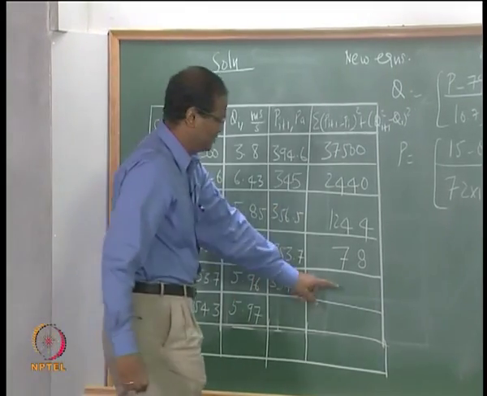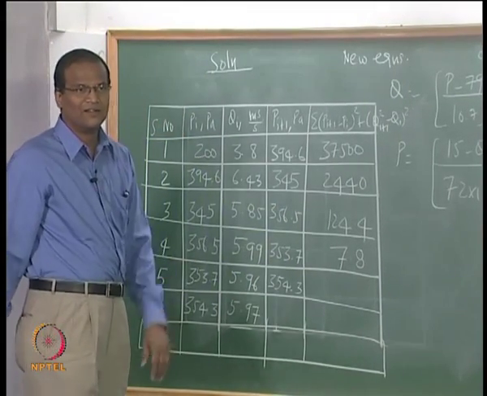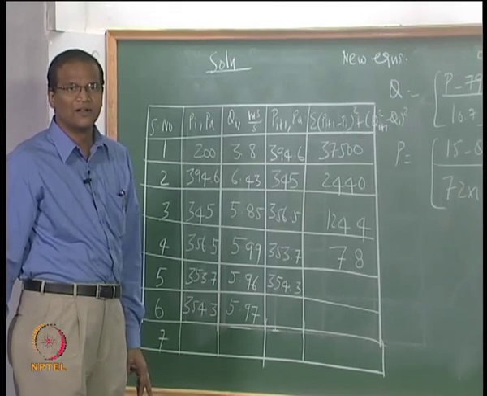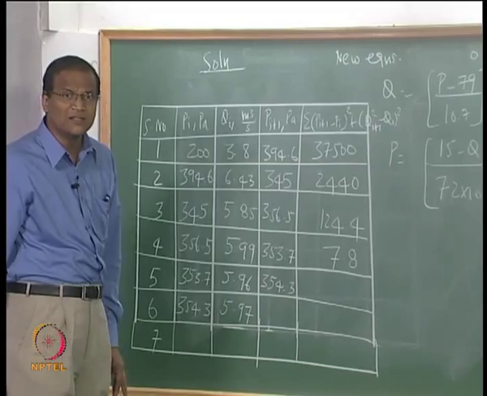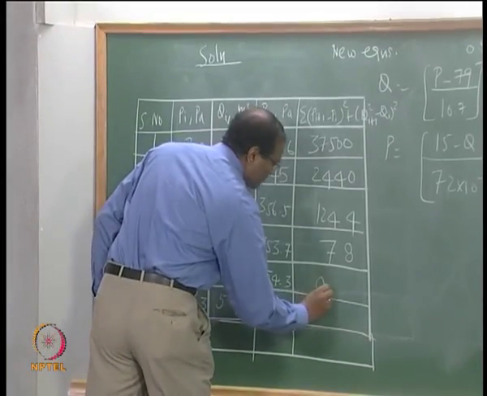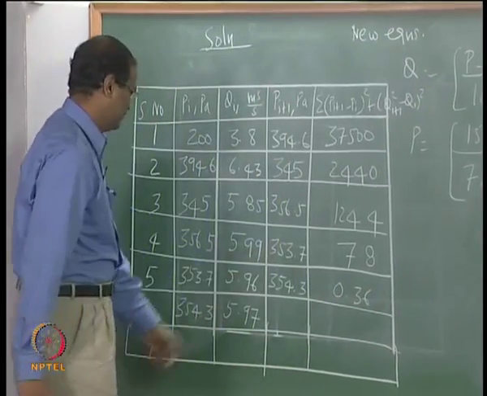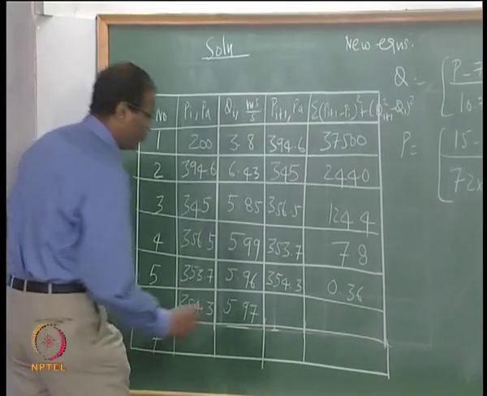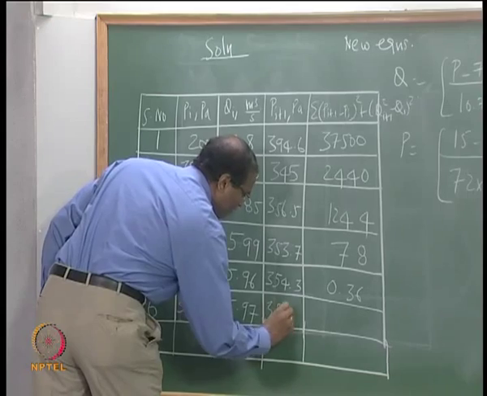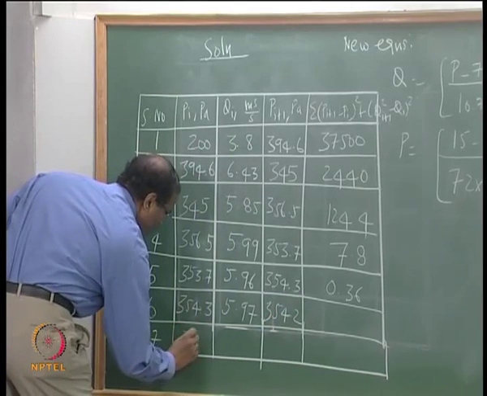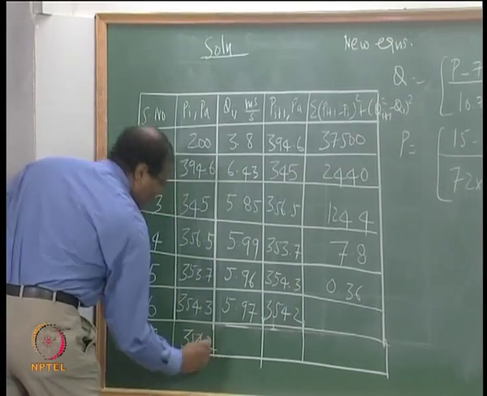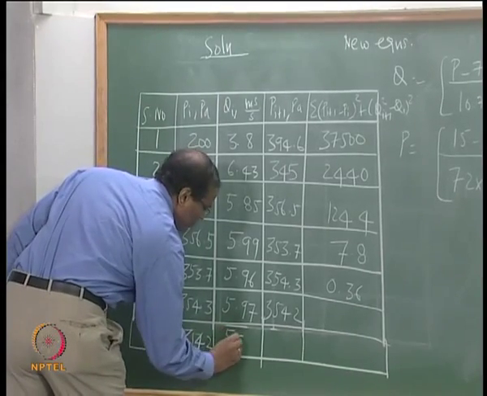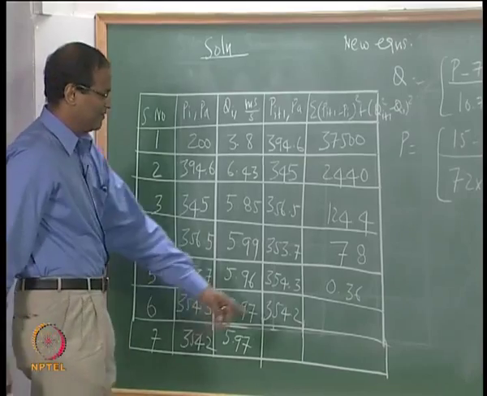What is this? 10 to the minus? 0.36. It's still 0.36. Yeah, one more then. With 5.97. 54.2. 0.2. Time to stop, huh?